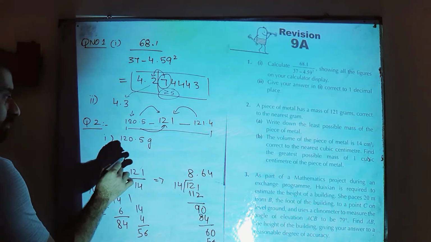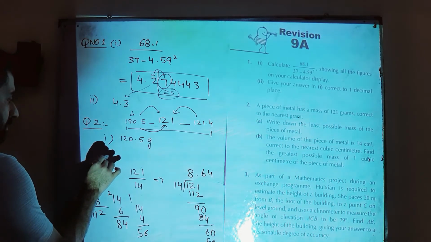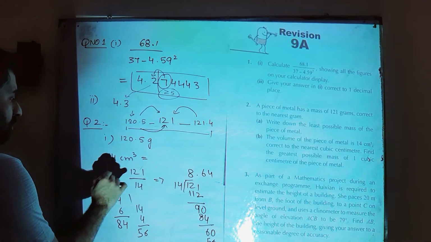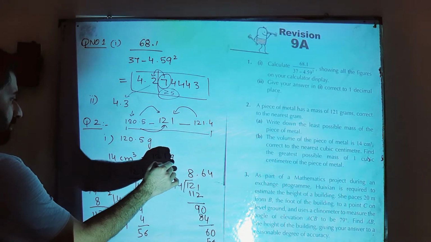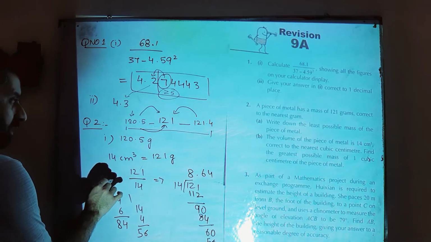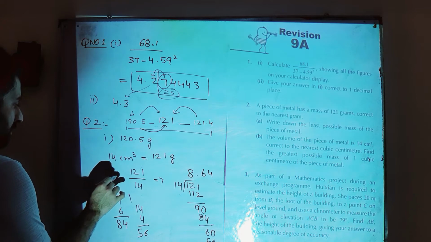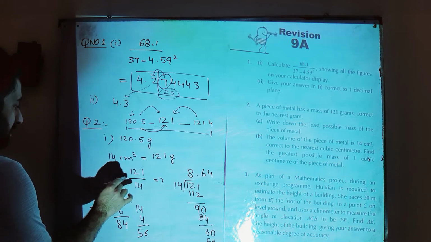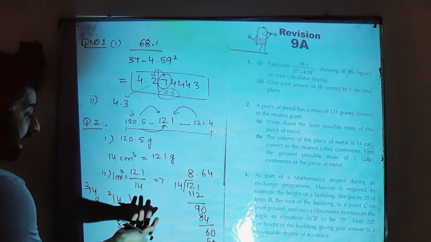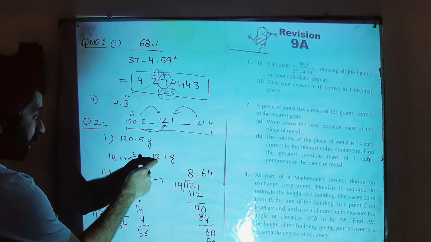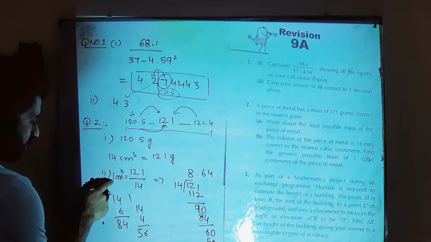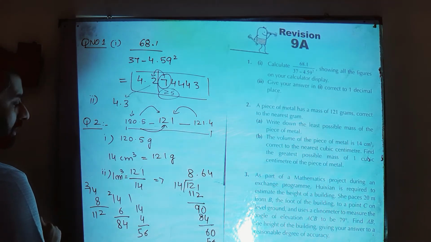If 14 cubic centimeters is the volume of 121 grams, then 1 cubic centimeter will have a mass of 121 divided by 14. That is for 1 cubic centimeter.